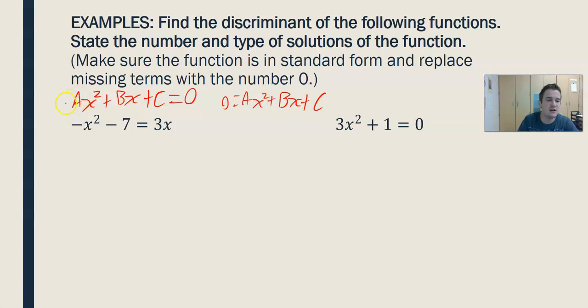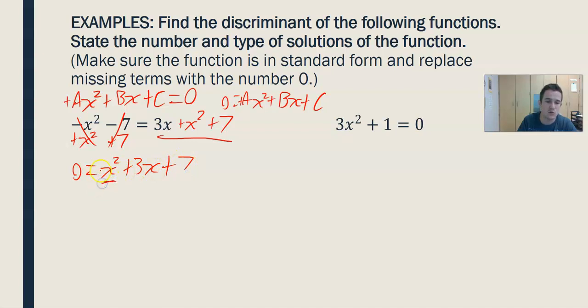So notice here, my a always needs to be positive, and here my x squared term is negative. So I'm going to go ahead and actually add x squared to this side, and then also add 7 over to this side. So I'll have 0 equals, and I'm going to put these in standard form, x squared plus 3x plus 7. I want my x squared term to be positive.